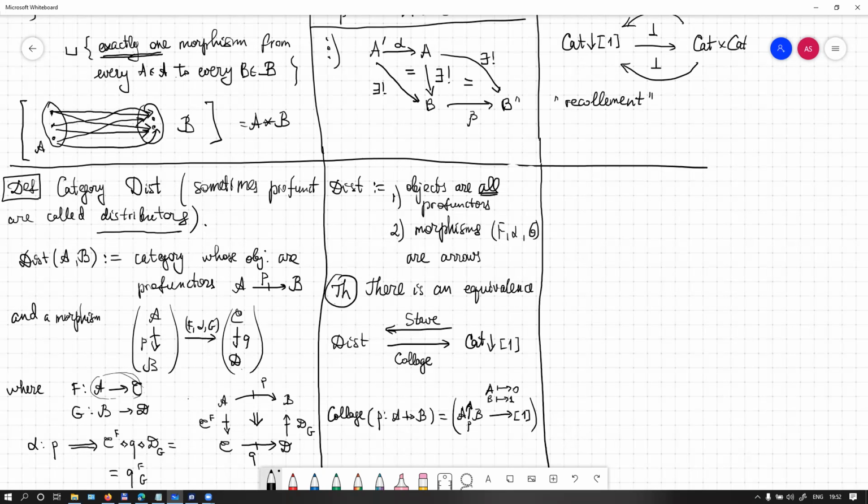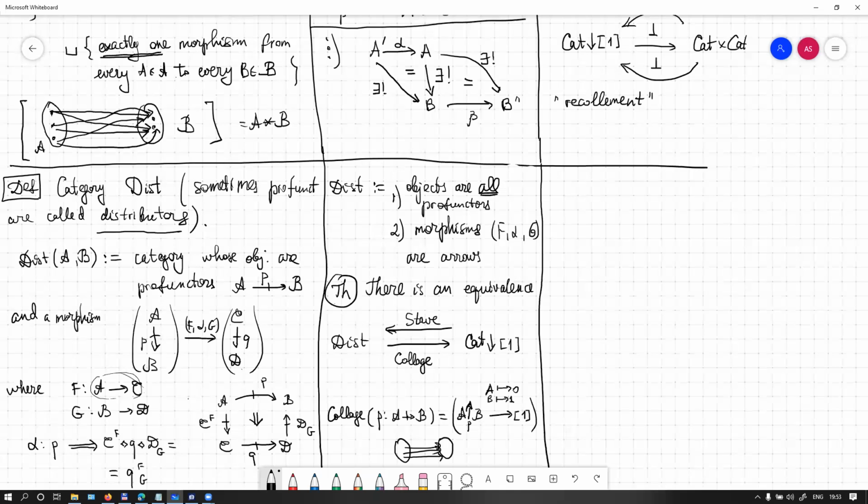I reminded you in the beginning what a comma category is. You are separately taking objects of A, separately taking objects of B, and then gluing them together by the profunctor P. So now you smash together all arrows between A and B into one arrow. And all objects in A are going to 0, and all objects in B are going to 1. This is the functor collage.